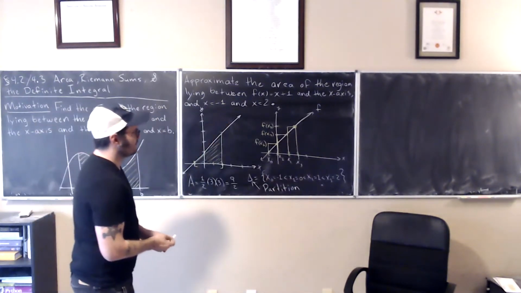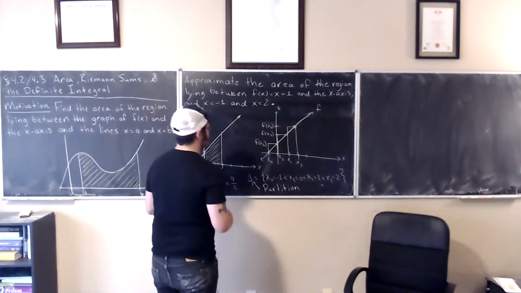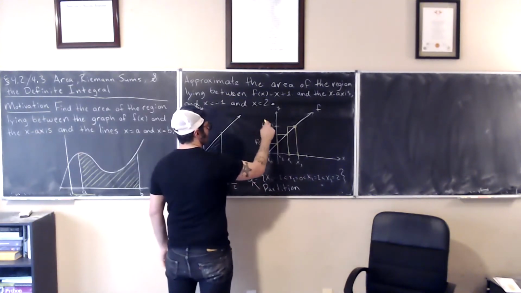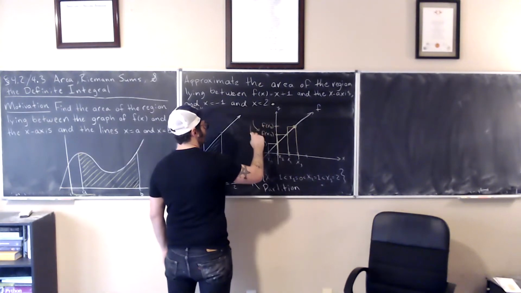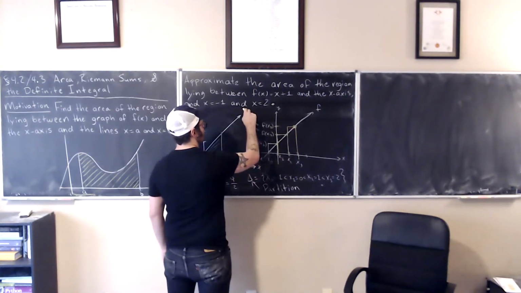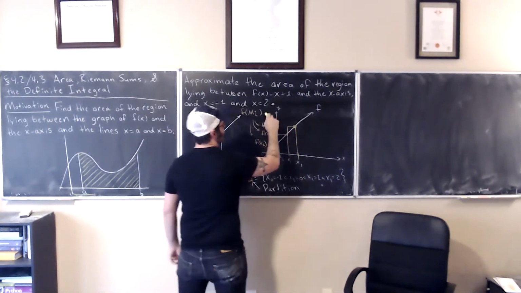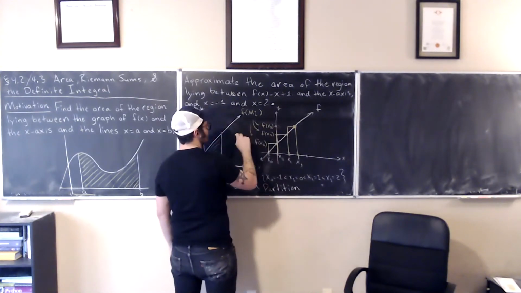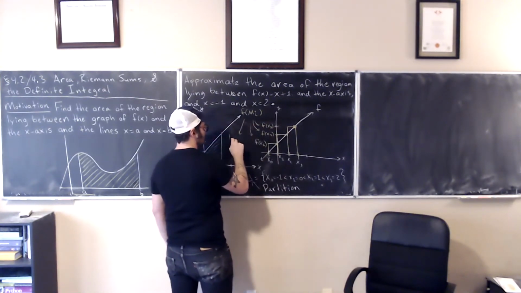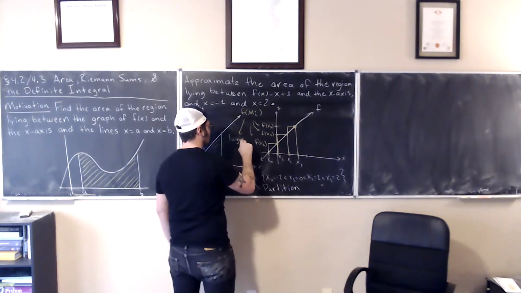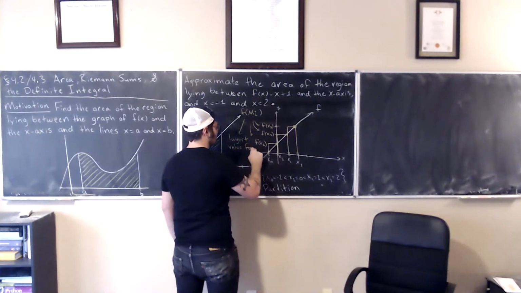So the height is going to be f of M_i, which is the largest value of f on the ith interval.